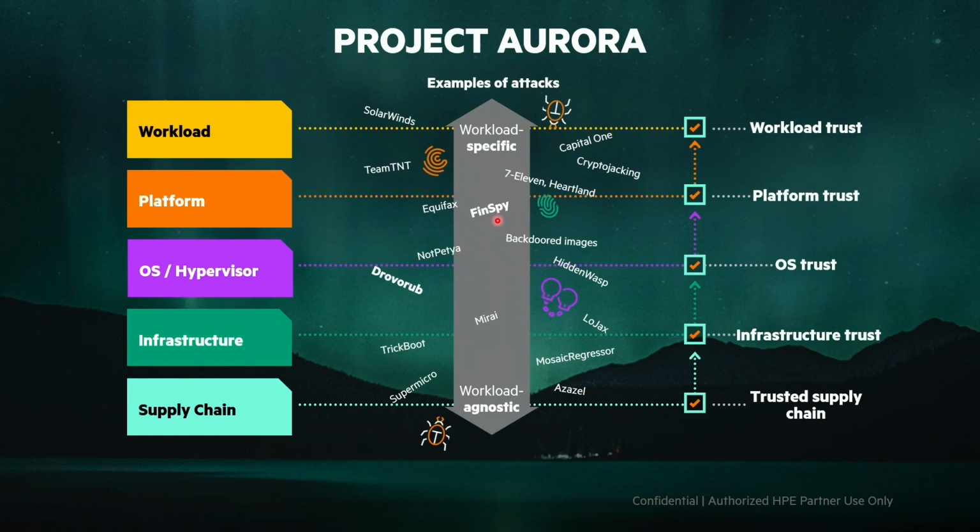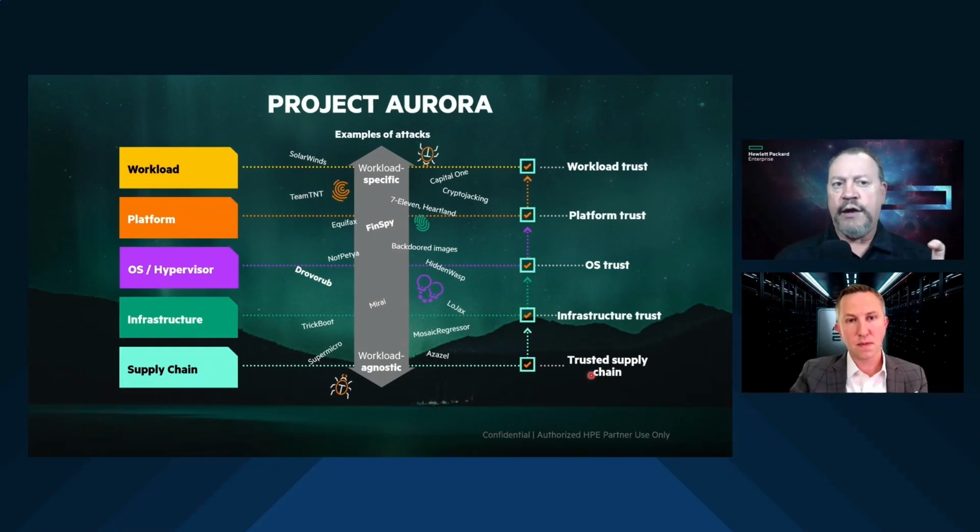And the key here is what HPE and AMD have been able to add into our enterprise class servers. First off, we have a trusted supply chain capability, right? Which means that where our systems are manufactured, everybody there has had a background check. The entire process is secured and overseen and certified. Then we add an infrastructure layer of trust on top of that.